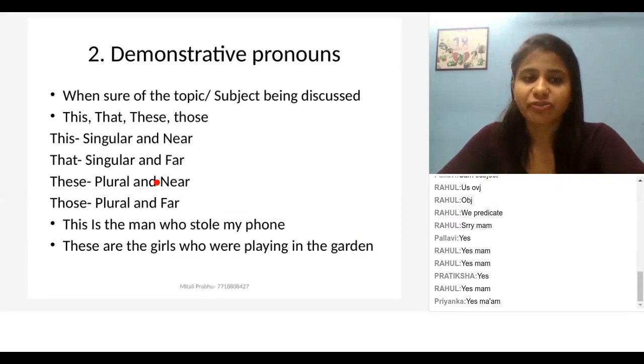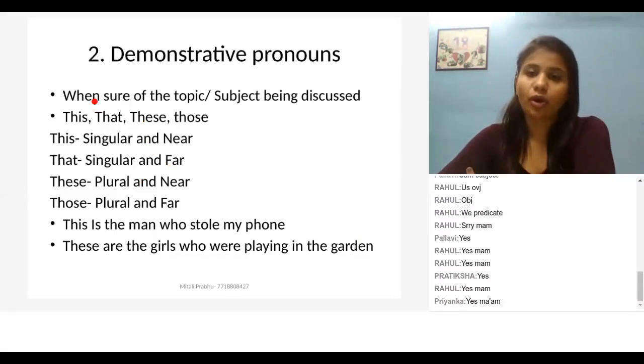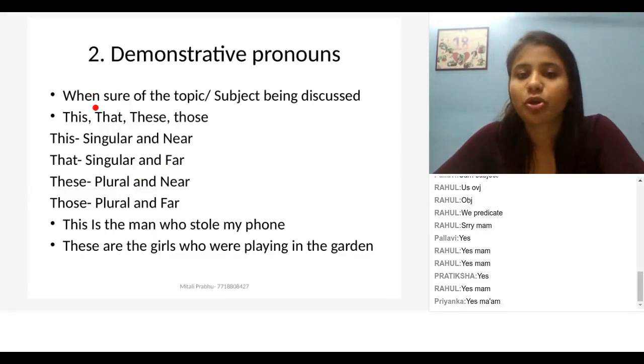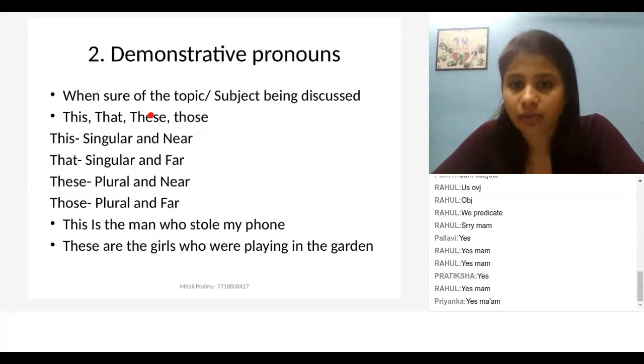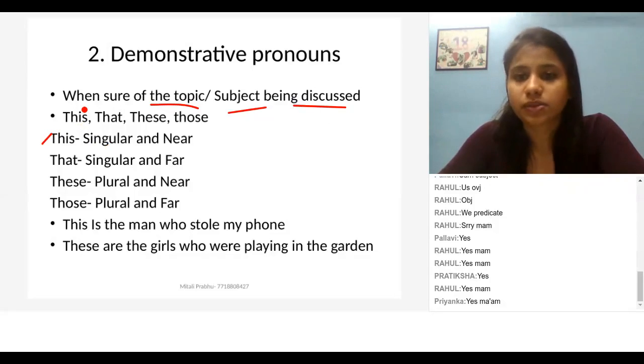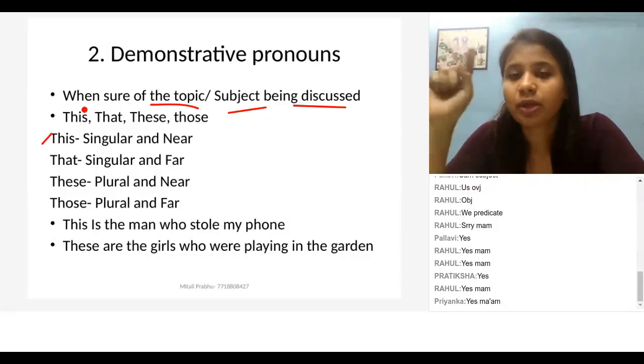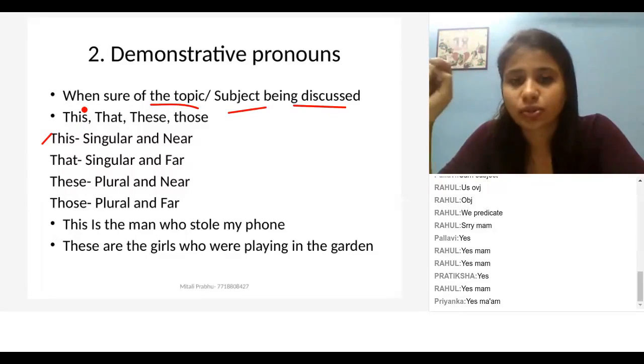Okay, now what are demonstrative pronouns? When you exactly know of which person or thing you're talking about, we use demonstrative pronouns, when you're very sure of the topic or the subject which is being discussed. So if you are saying this house or that house, and you know particularly which house you're talking about, you will use this, that, these, and those.